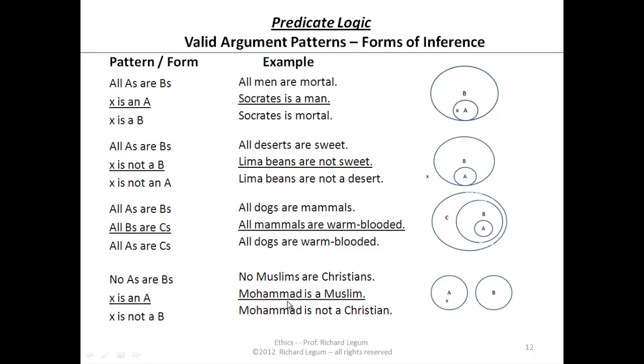X, Mohammed, is an A, a Muslim. Then obviously X, Mohammed, is not in the circle of Christians. These are the valid patterns, and let me tell you, those first three are really, really, really important. Those are the ones that I definitely want you to be able to recognize.